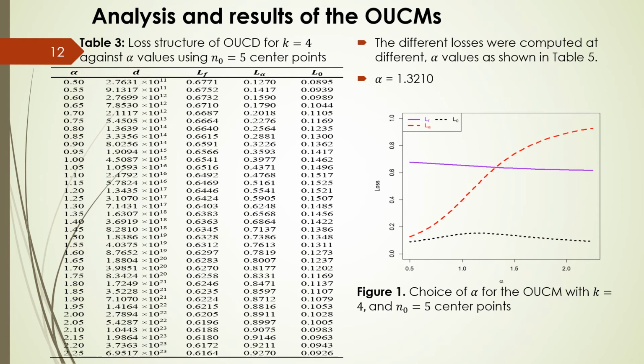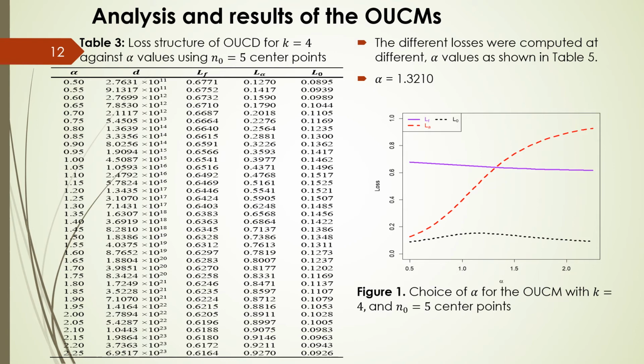Table 3 gives the different loss structure of the OUCD for factor 4 against the different alpha values using n0 equal to 5 center points. From this table, we observe that as the loss of the factorial is decreasing, that of the axial is increasing, while that of the center point has a bell shape.